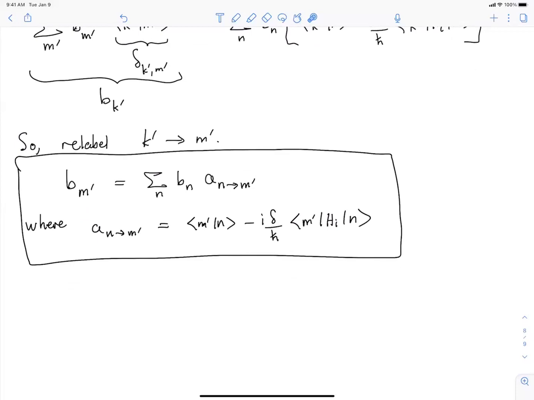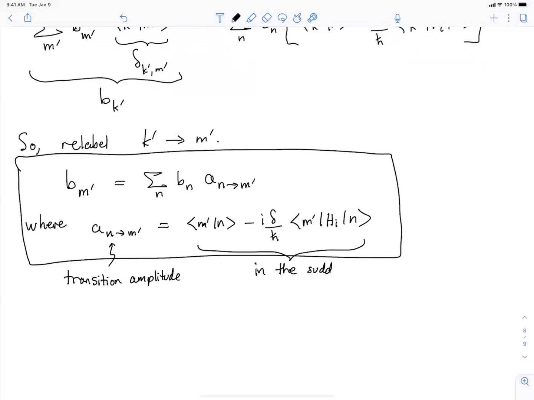Okay, and these are given names. So this a sub n n prime is known as a transition amplitude in general, not just in this example. In this example of the sudden approximation, that's what it equals.